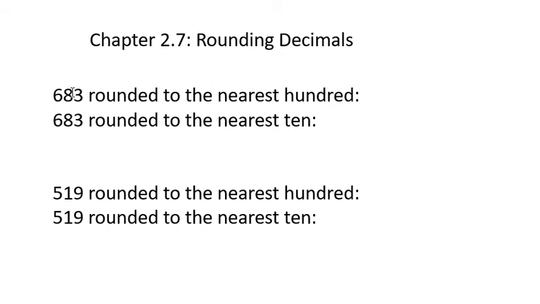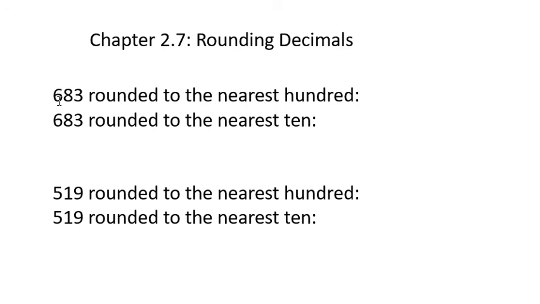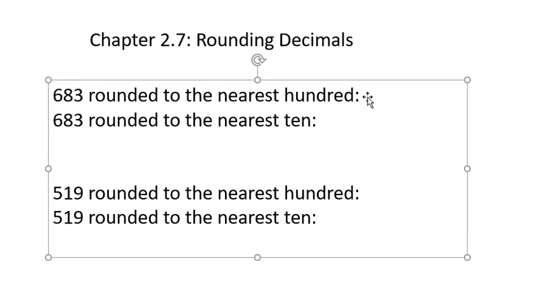Here we have the number 683, and we're going to round to the nearest hundred. The 6 right now is in the hundreds column, so we have to look one column to the right, and that's the 8. 8 is 5 or more, so we're going to round it to the number 700. That follows our rule. For 683, we're going to round to the nearest 10.